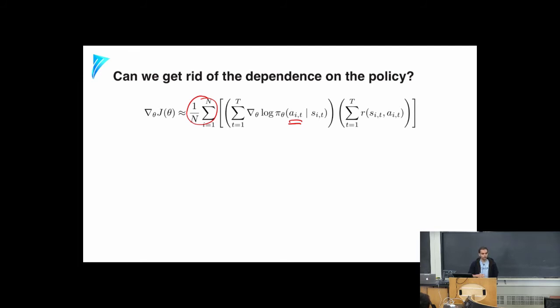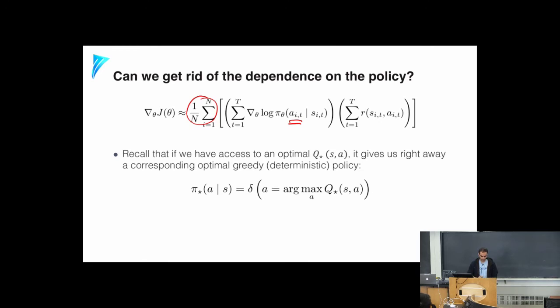So is there a way to circumvent this, and maybe work with the value functions directly and then induce the optimal policy from the optimal value function after we learn it? There is a way to do that. One observation that we've already made before is that if we have the optimal Q function, we can easily get the optimal deterministic or greedy policy out of it.